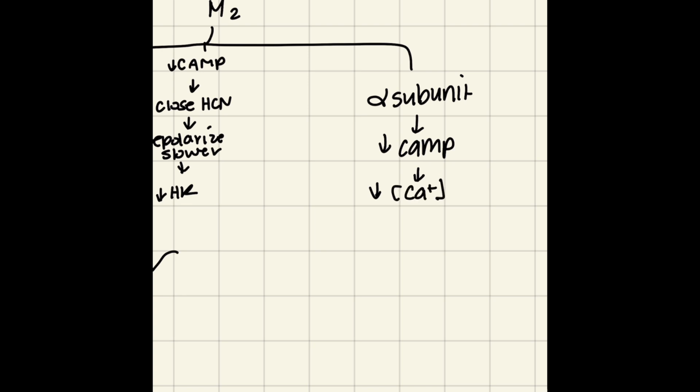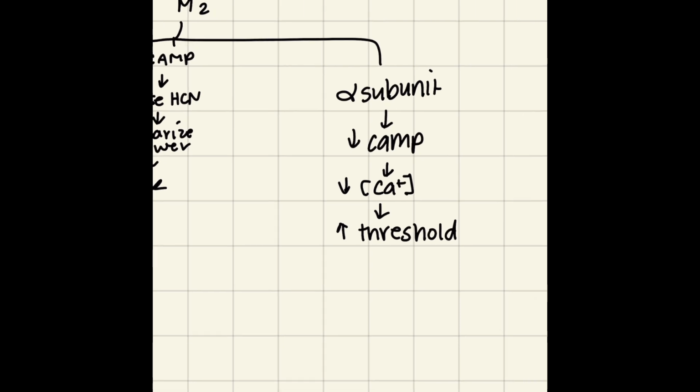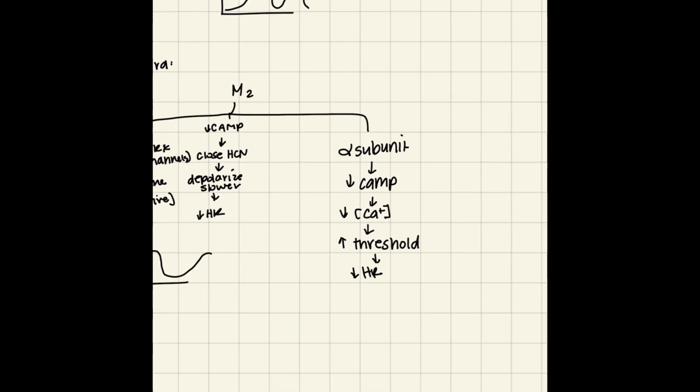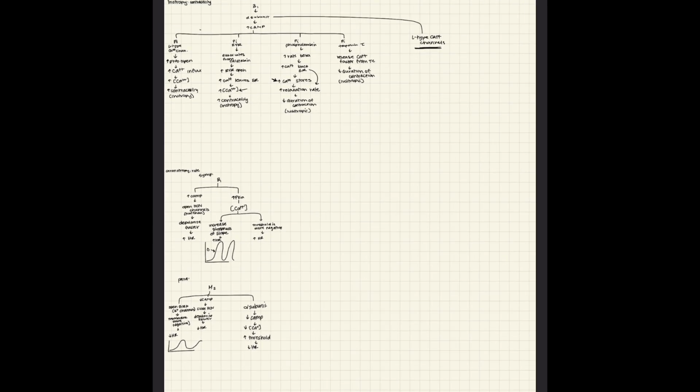So we're going to decrease the calcium concentration, which then increases threshold. It's kind of like the opposite effects that we had in those beta receptors. So we increase the threshold and then we decrease heart rate because it's harder to get to threshold. So we have to work a little bit longer to get there. That's kind of like the idea for how inotropy and chronotropy work and the mechanisms there.